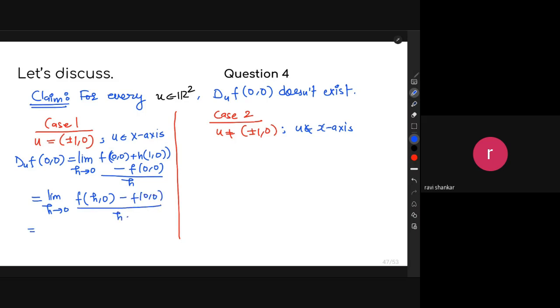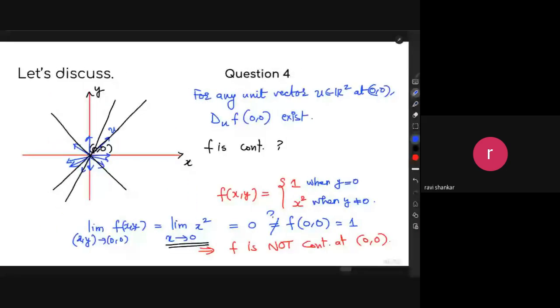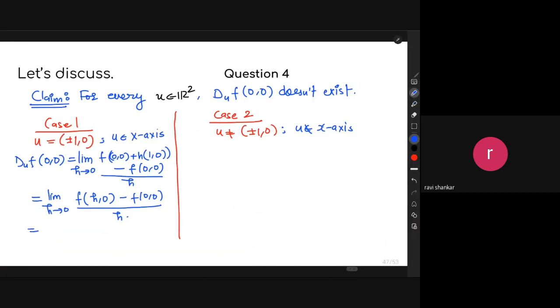Now what is f of h comma 0? It is 1. f of 0 comma 0 is also 1. So it will be 1 minus 1 divided by h, which is 0. So this limit exists.